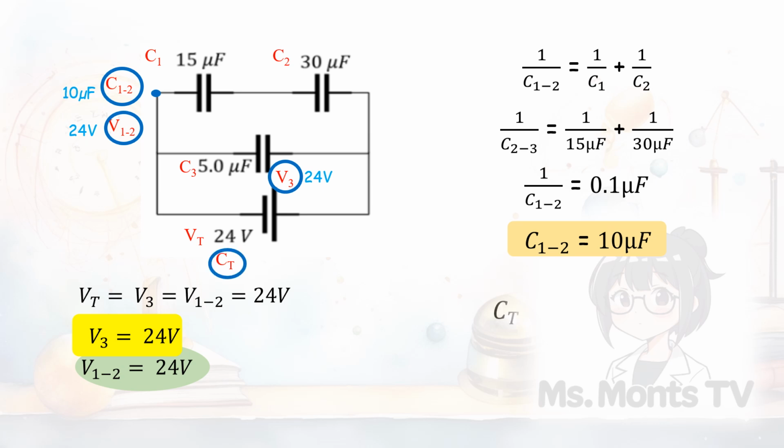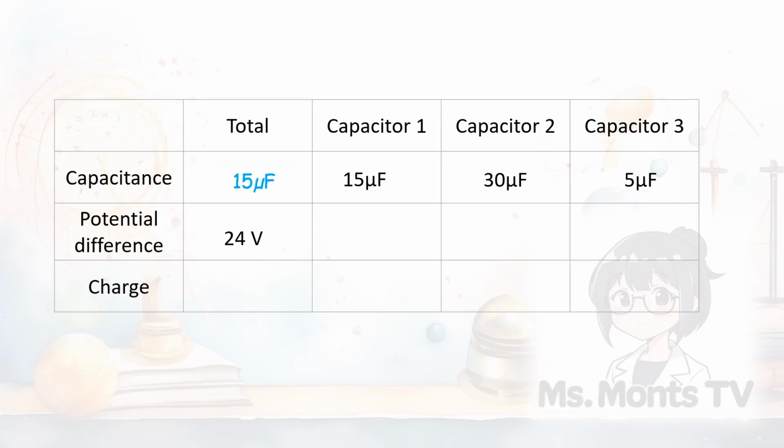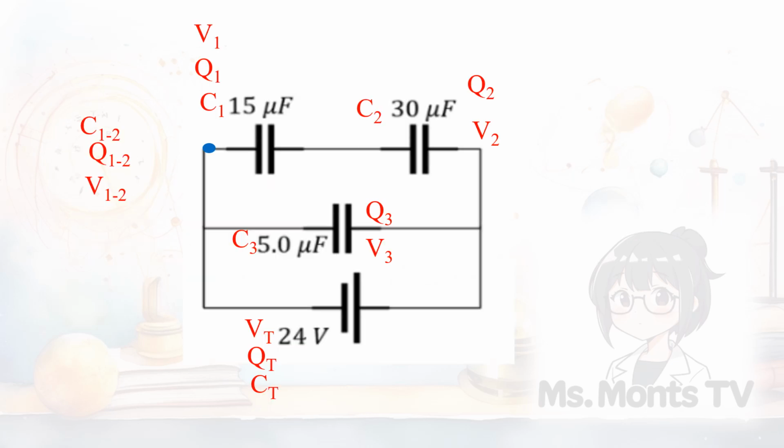Then C total equals C3 plus C12, because C3 and C12 are in parallel. 5 microfarad plus 10 microfarad, the C total is 15 microfarad. Let's fill up. Total capacitance 15 microfarad, capacitor 3, 24 volts.